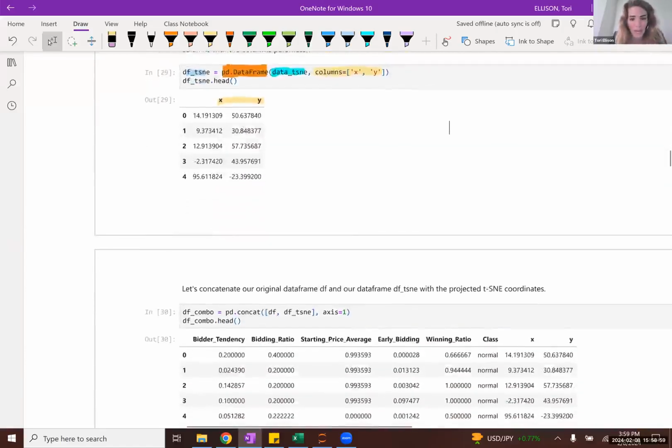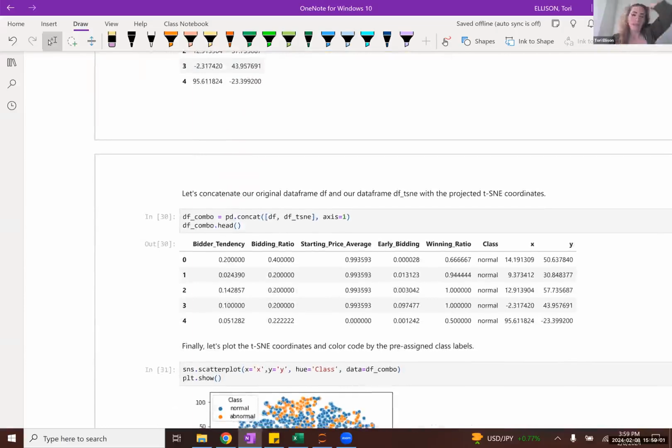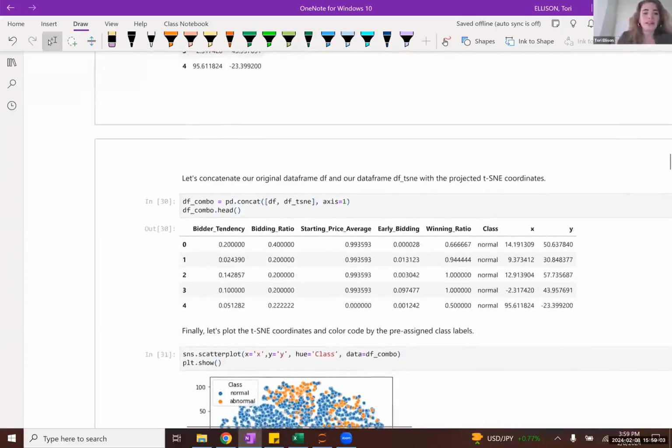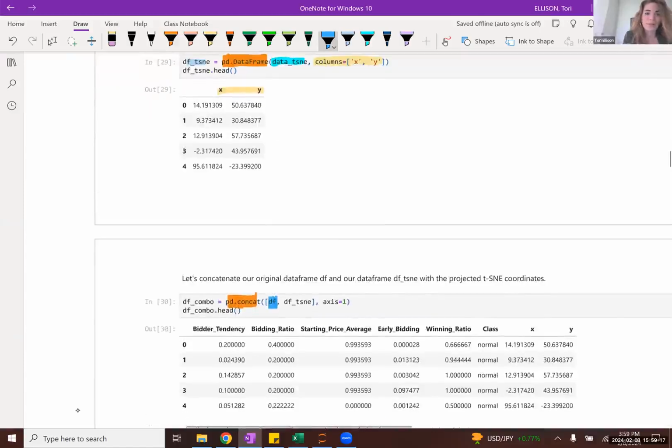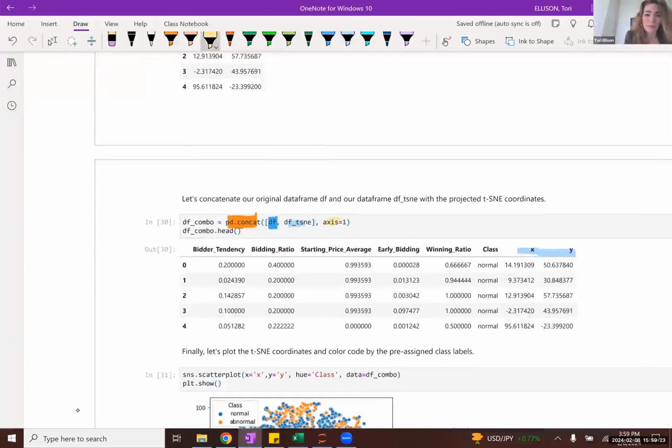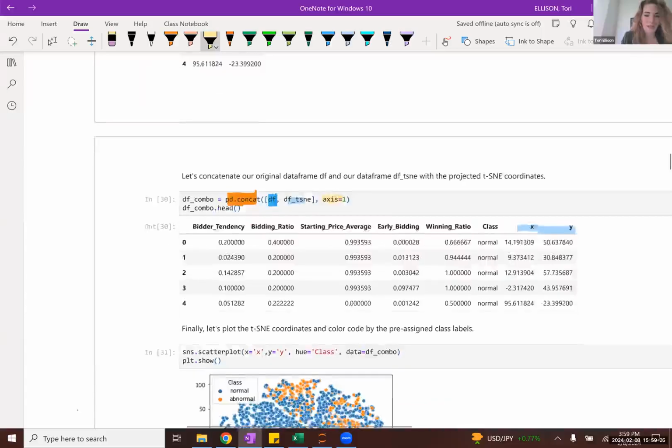If I'd like to actually create my TSNE plot, something that I like to do is create a data frame that has all the information that I would want to know about each of my observations. So I horizontally concatenate my original data frame along with my new TSNE coordinates. Axis equals 1 implies we're doing horizontal concatenation.